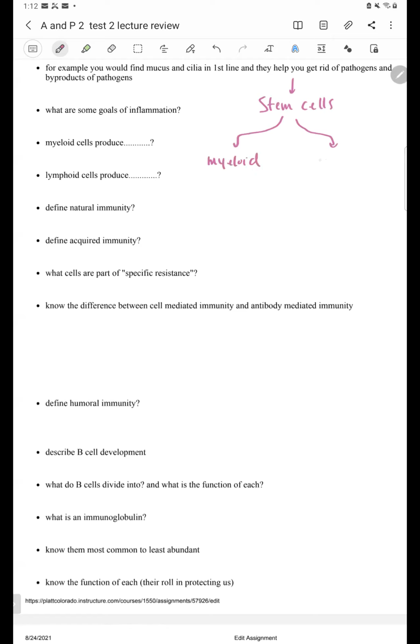Myeloid is one route, lymphoid is another route. The myeloids are going to produce your platelets.